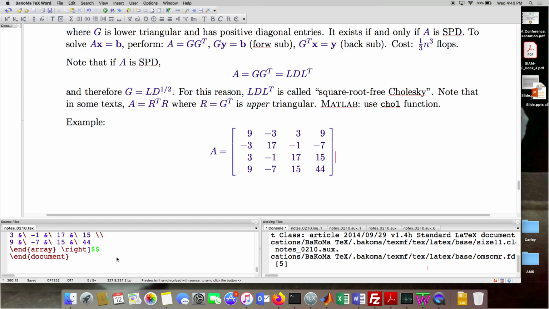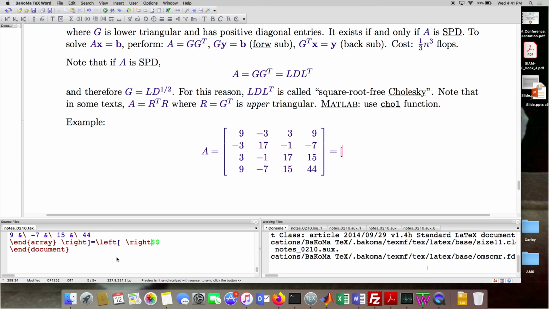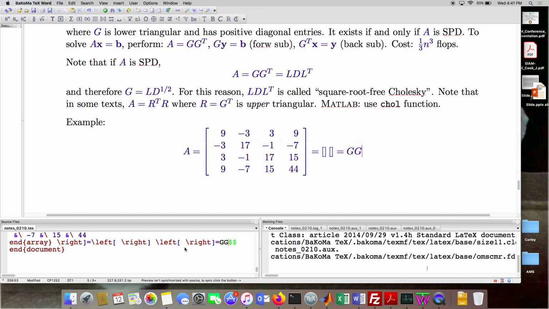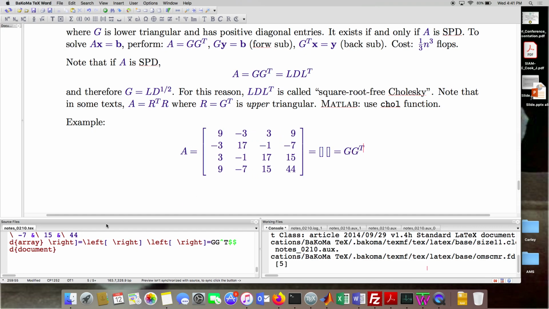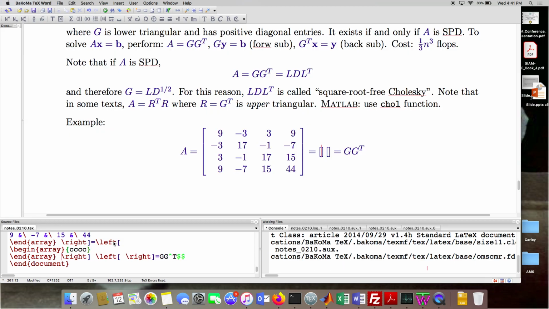So if I equate this to G G transpose, this first matrix will be G. And then the second one will be G transpose.